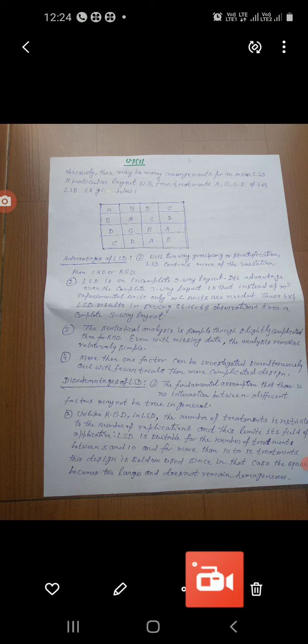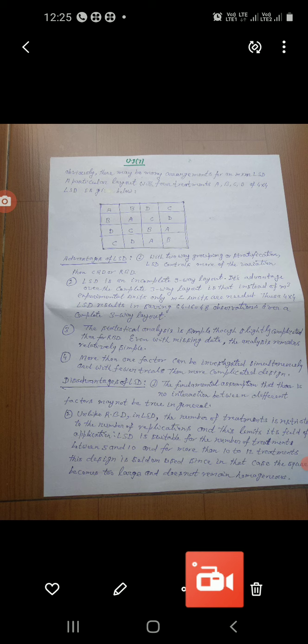Next point is that in case of missing plots, when several units are missing, the statistical analysis becomes quite complicated.